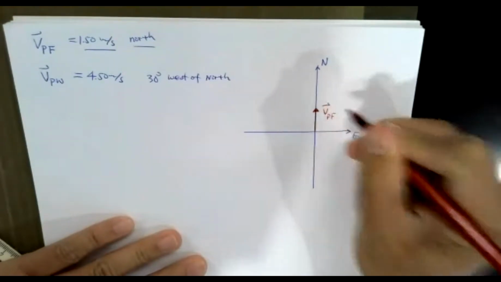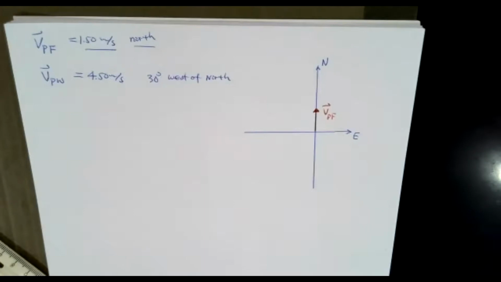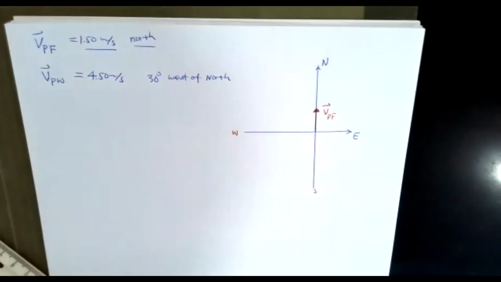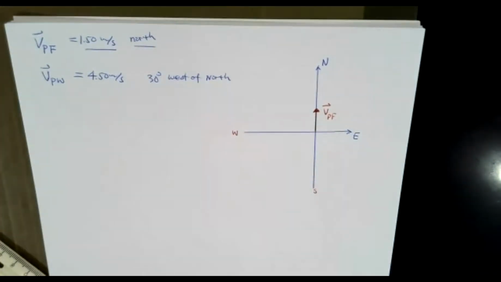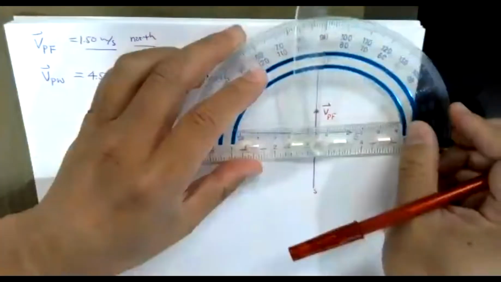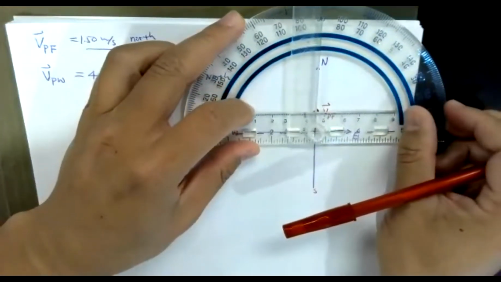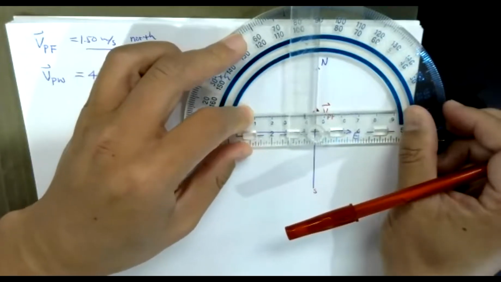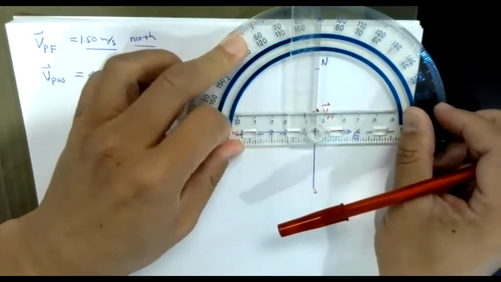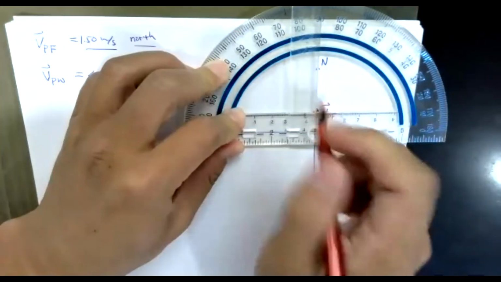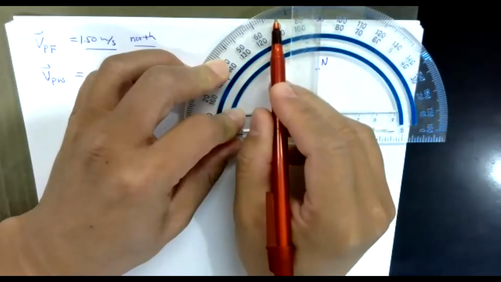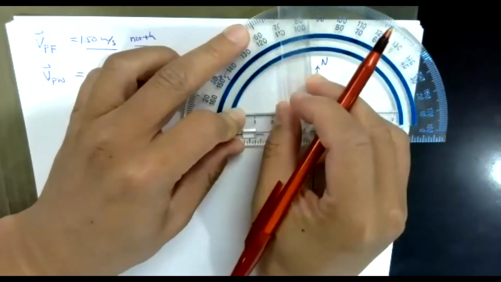And then the second one is the velocity of the person relative to the water, 30 degrees west of north. So this is east, this is west, this is south. We'll be looking for 30 degrees west of north, which means 30 degrees with respect to the north direction, in this way. So 90, 80 will be 10, 70 will be 20, and then 60 will be 30.